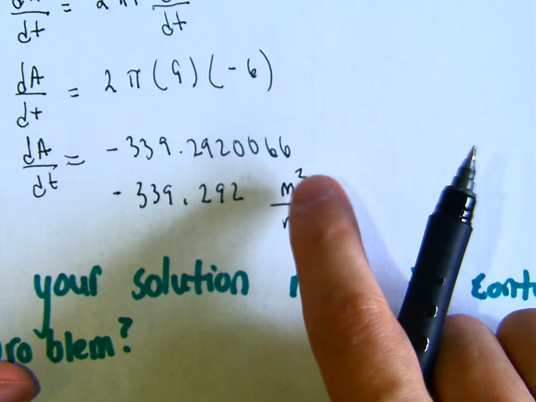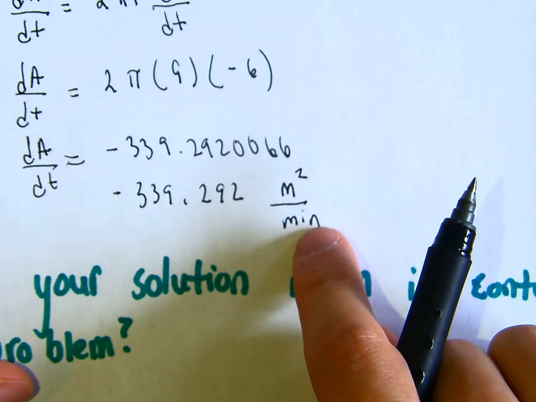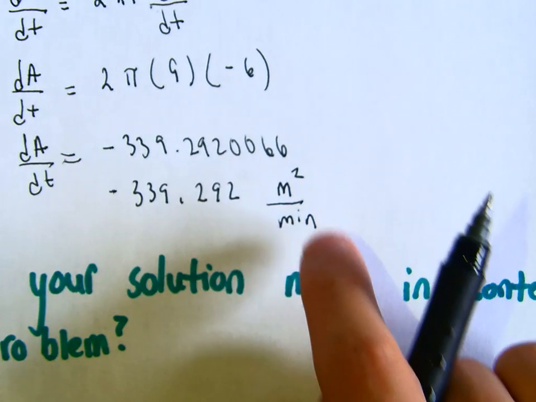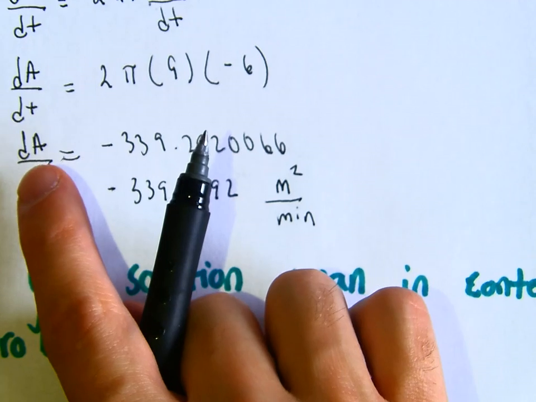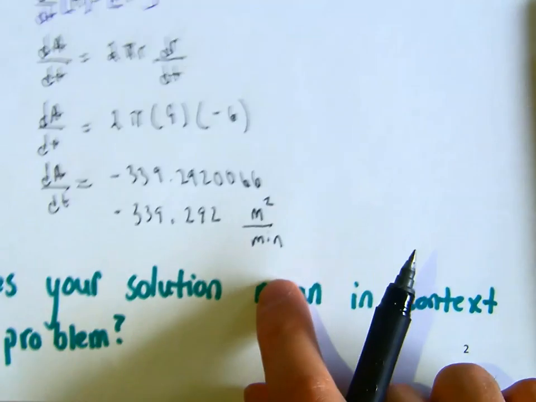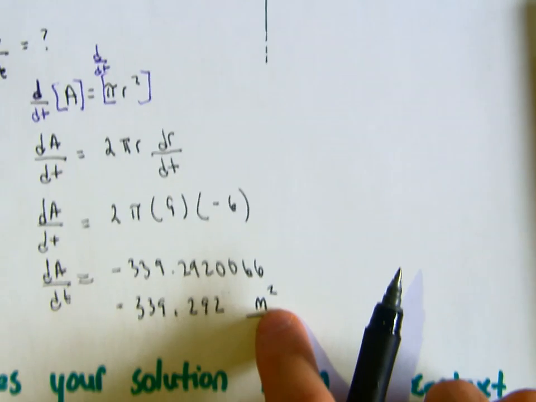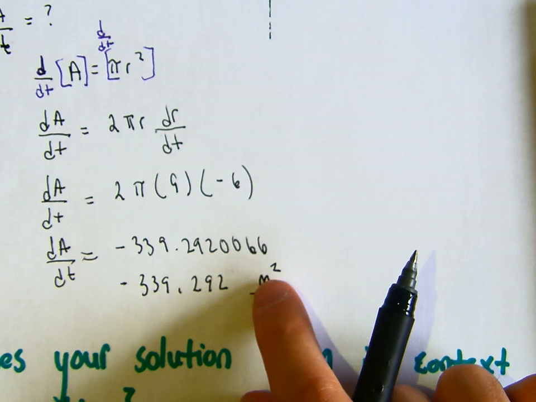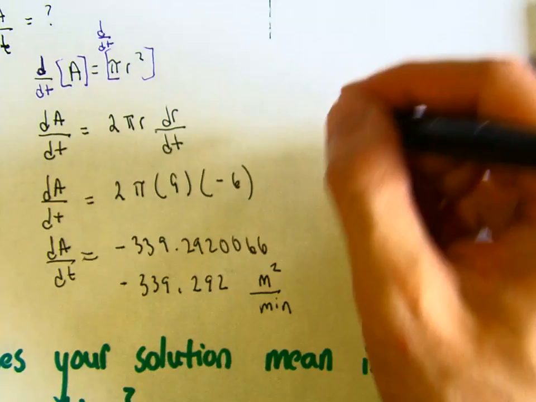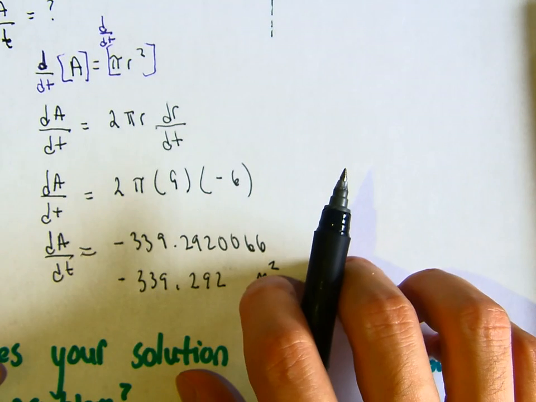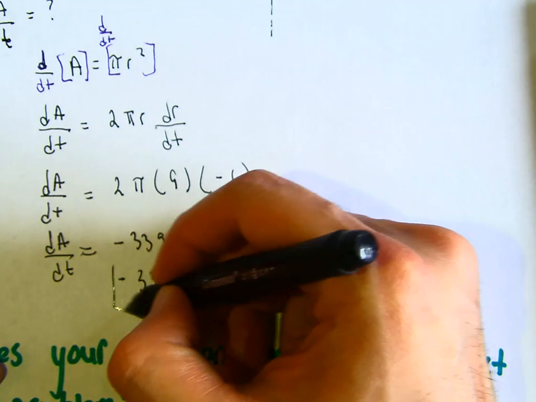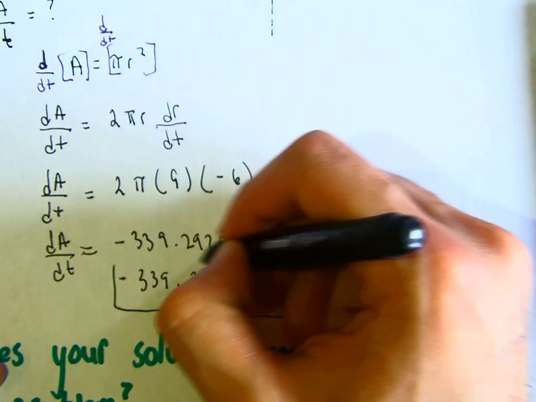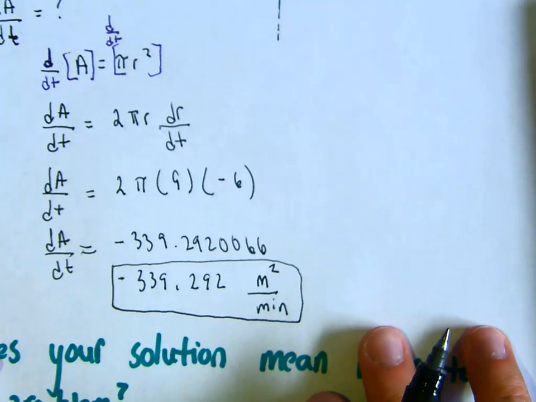If you just write meters per minute, it's slightly incorrect, because when you have area, you have to have it in terms of some units squared. In the next video I'll try and explain this a little bit better, but you have to have it in this format.